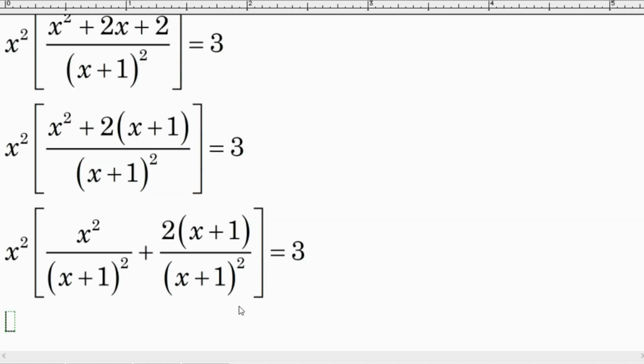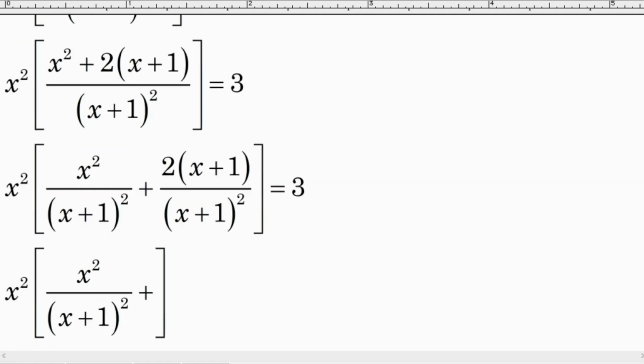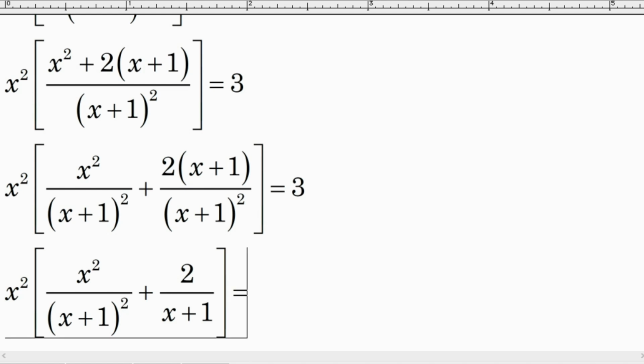Here we have x plus 1 and also x plus 1 squared, so we can simplify x plus 1 with x plus 1. This part stays the same, and then plus 2 over x plus 1, equal to 3.